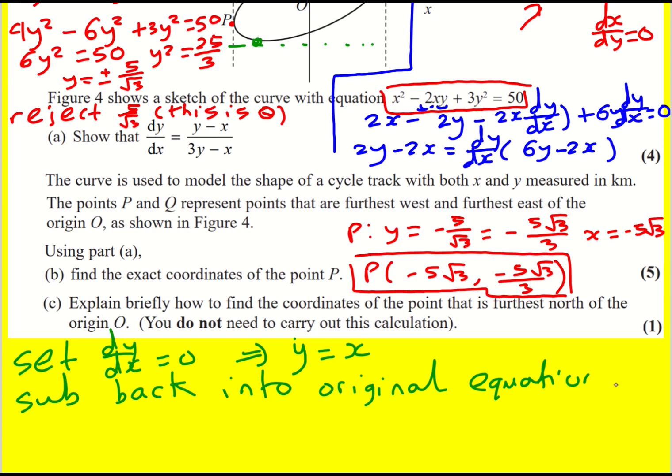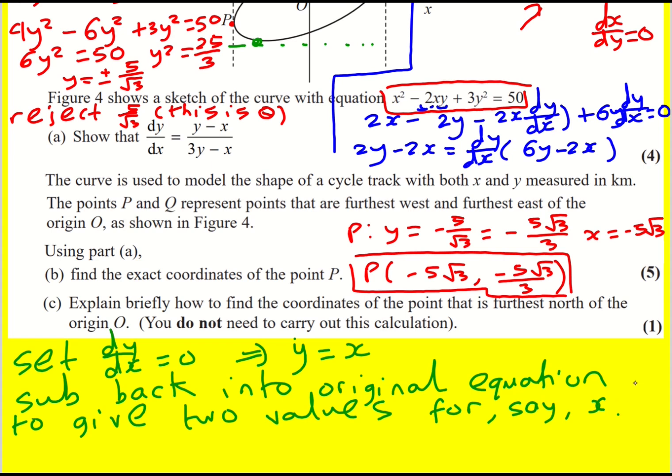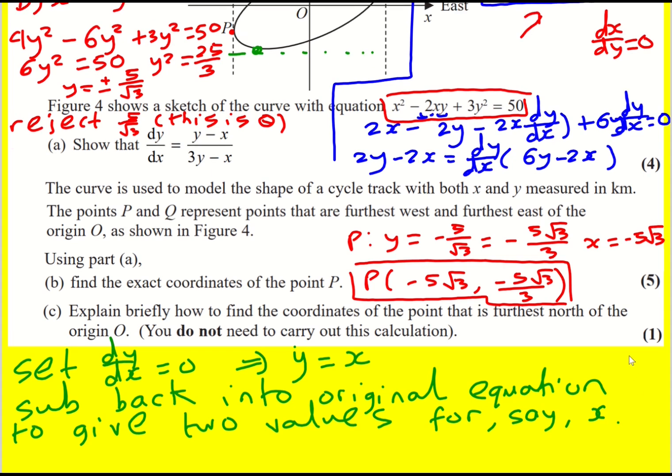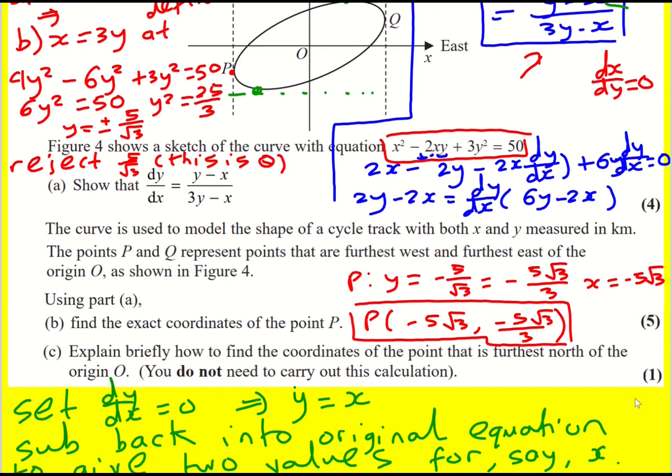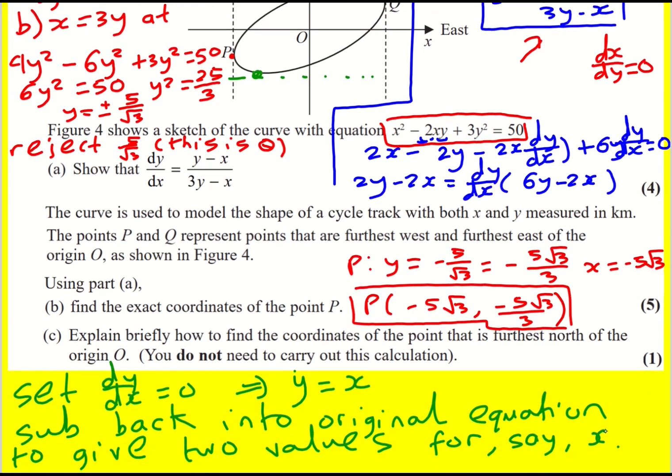It will give us two values for say x, or we could do it for y. And then in this case, because we're finding the furthest, you know what, I'm going to change it to y, and then I'll take the positive in this case.